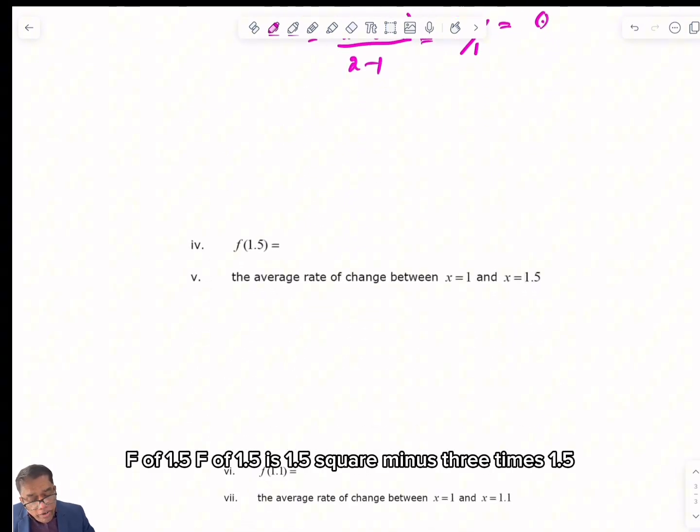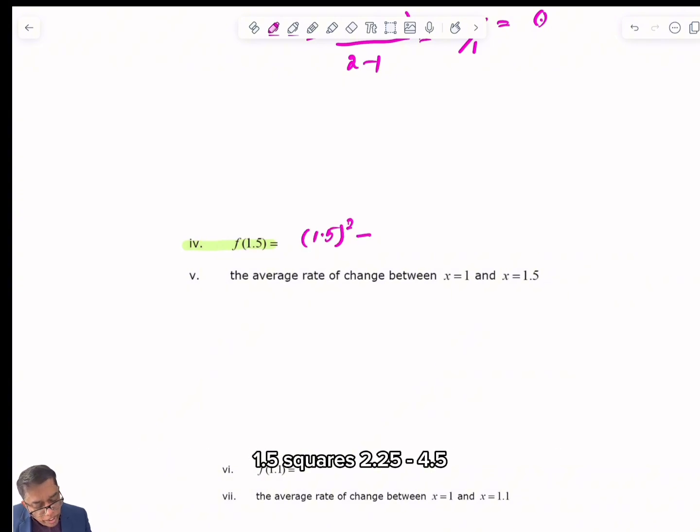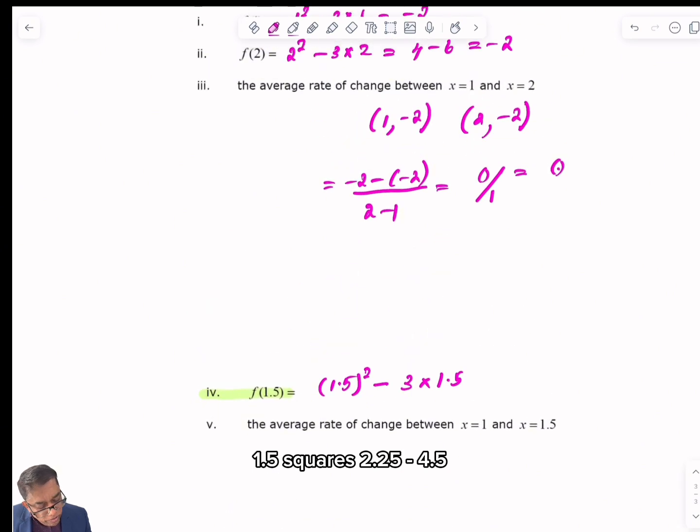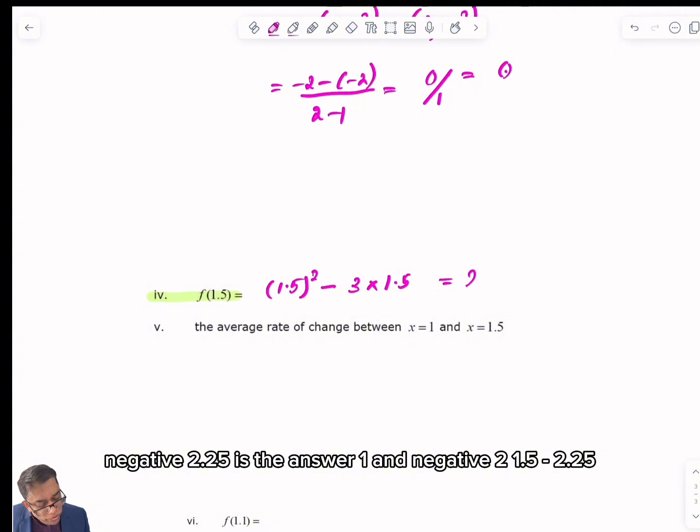f of 1.5 means 1.5 squared minus 3 times 1.5. 1.5 squared is 2.25 minus 4.5. Negative 2.25 is the answer.